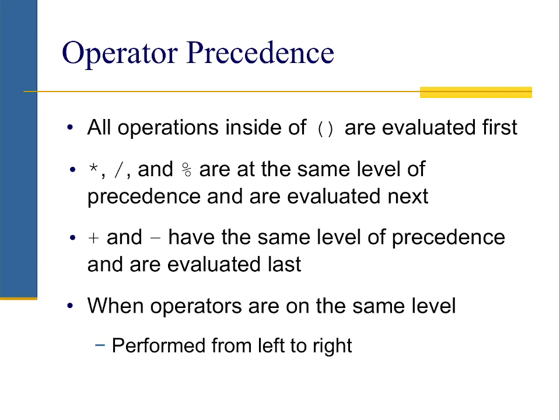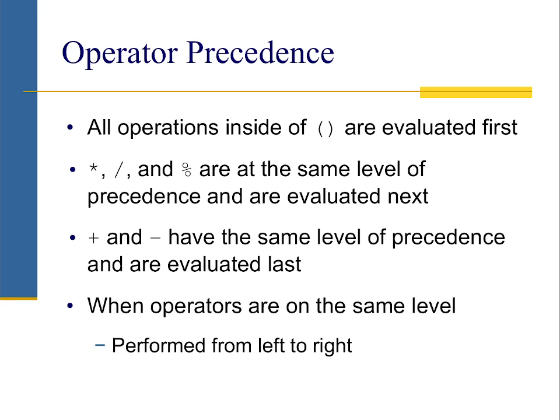So on operator precedence: all operations inside of the brackets are evaluated first. The multiplication, the division, and the modulo are the same level of precedence and are evaluated next. The plus and the minus have the same level of precedence and are evaluated last.